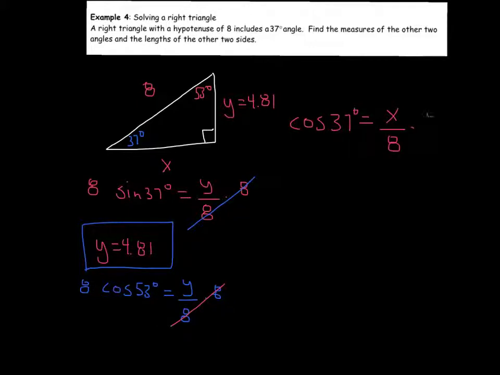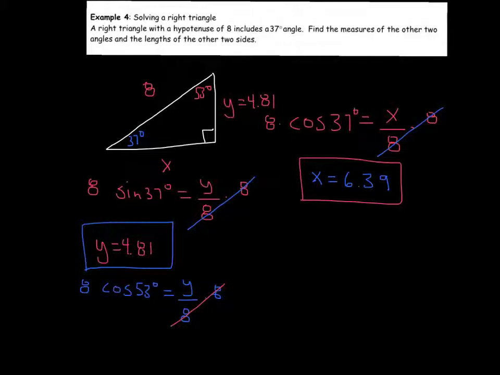Once again, multiply by 8 on both sides. The 8s are going to cancel, and you get x equals 6.39.